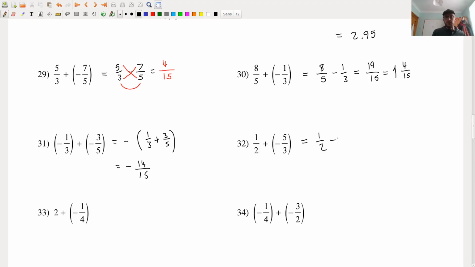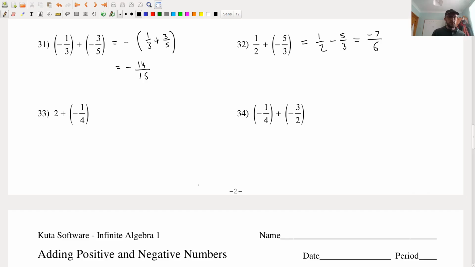We've got a half take 5/3 here. So 3 take 10, that would be negative 7, and then put that all over 2 times 3, which is 6, so negative 7 over 6.